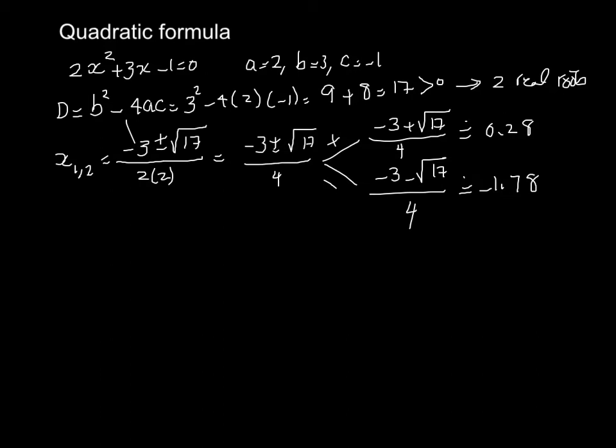Since the leading coefficient 2 is greater than 0, it means our parabola opens upward, and there are going to be two x-intercepts. One is 0.28 somewhere around here, and the other one is negative 1.78. So our parabola looks something like this.